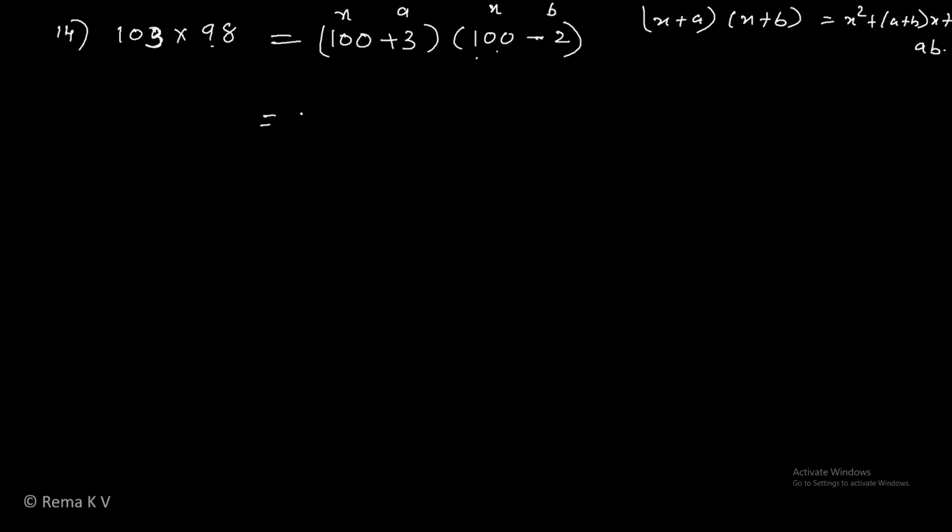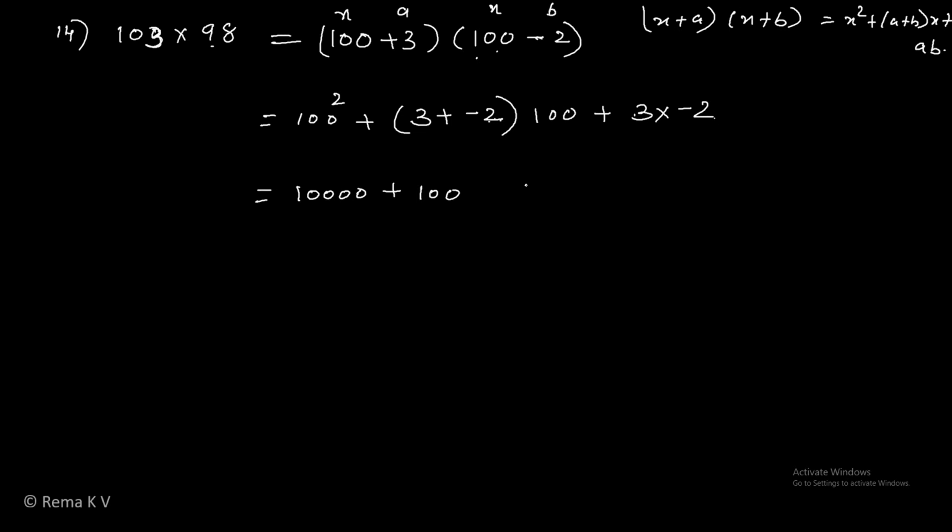So this equals 100 square plus a plus b into 100 plus ab. So this equals 10,000 plus 3 plus minus 2, which is 3 minus 2, which is 1. 1 into 100 gives 100 itself.